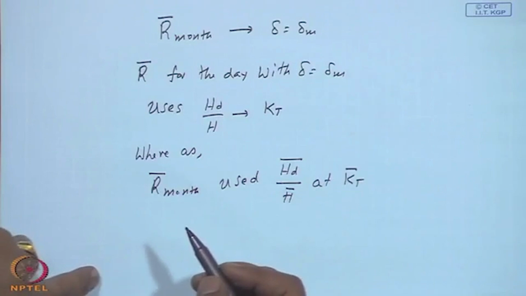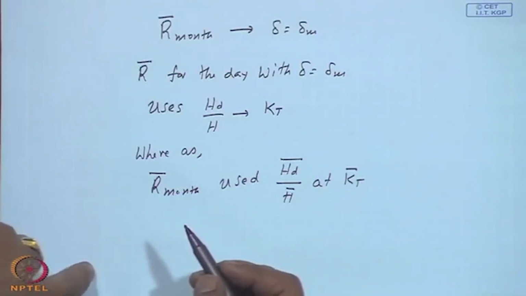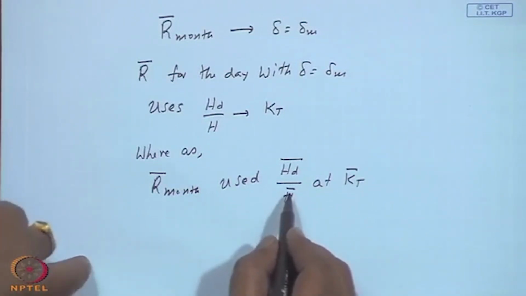That is the monthly average daily clearness index used to calculating the monthly average diffuse fraction.